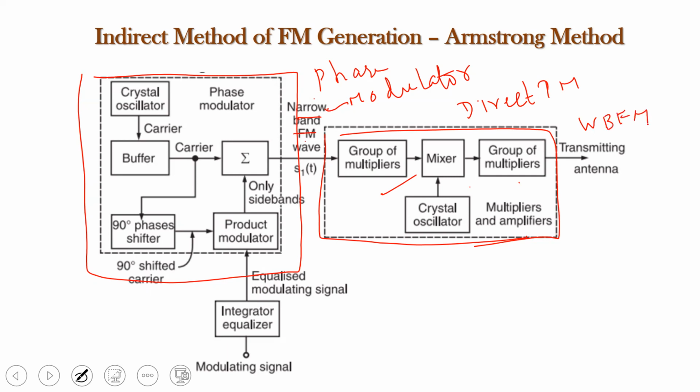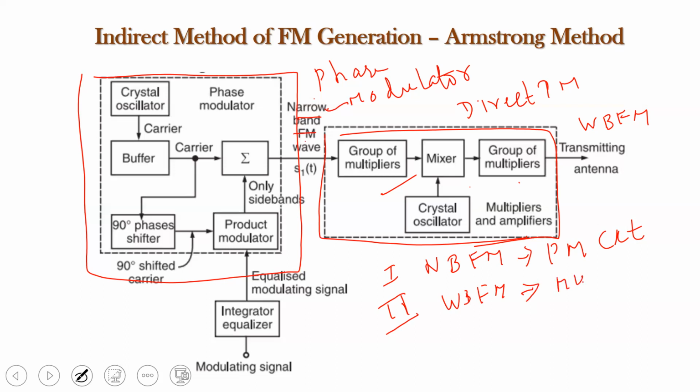This is what we have explained in the previous slide. That is, in the first stage we are going to generate narrowband FM by employing a phase modulator circuit, and in the later stage, that is in the second stage, we are going to generate a wideband FM by using a series of multipliers.